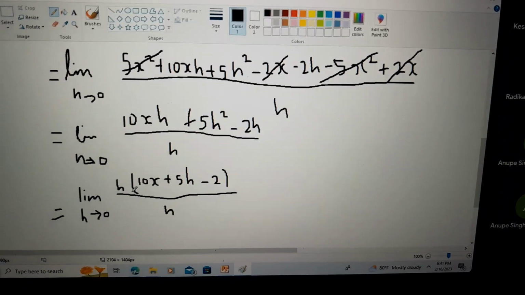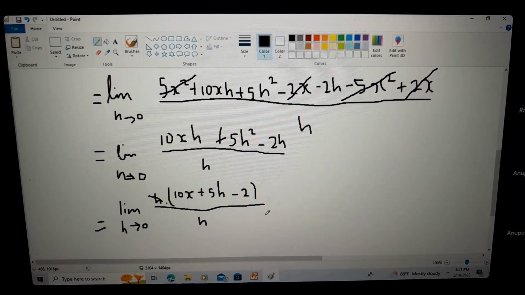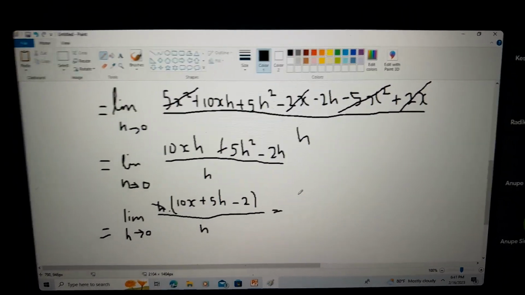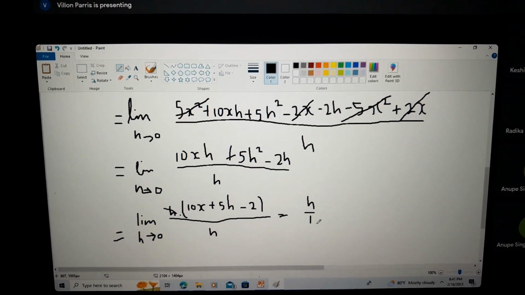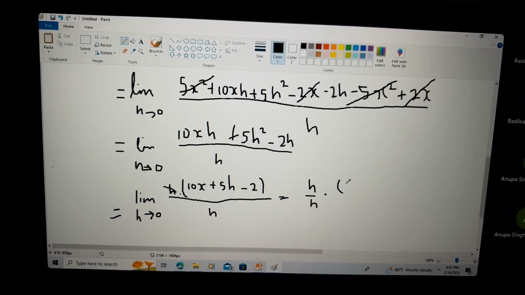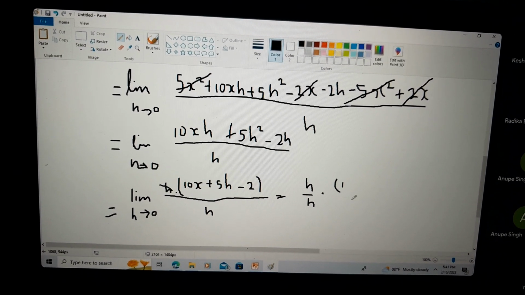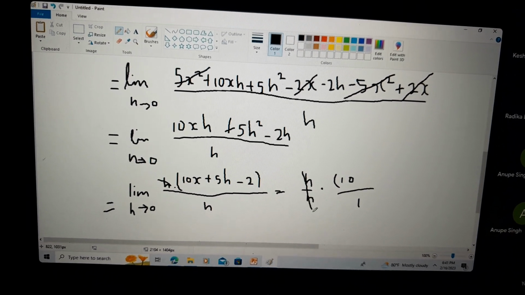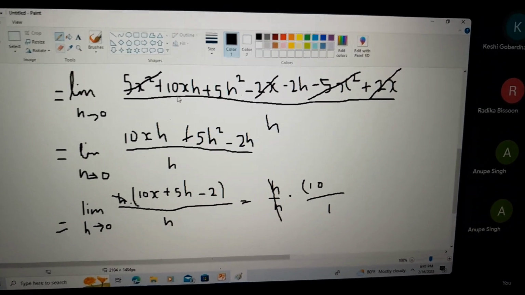So now because it's a product, I can cancel out this h with this h. Now this is a big problem that we have, right? So let me show you why. This is the same as h over h times all of this, 10x plus 5h minus 2, over 1. So that's why the h and the h can cancel out, right?